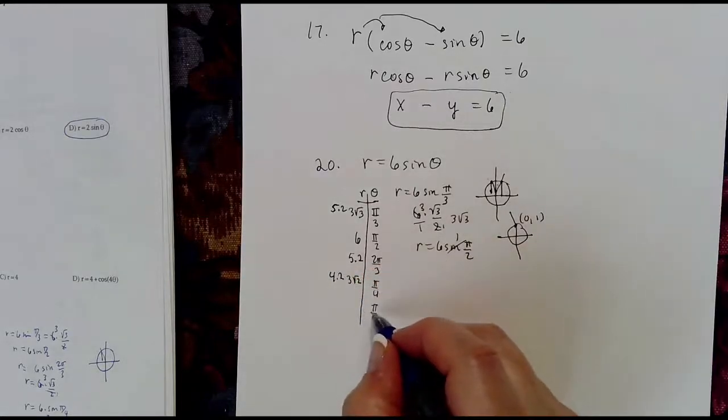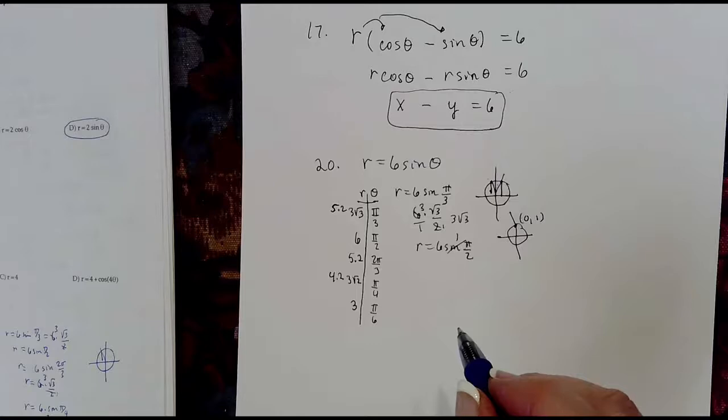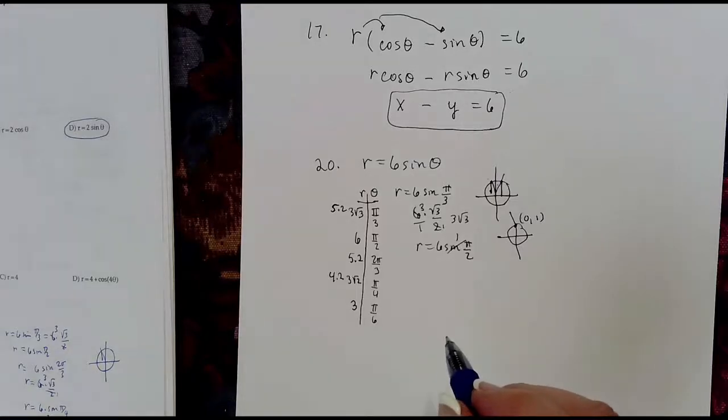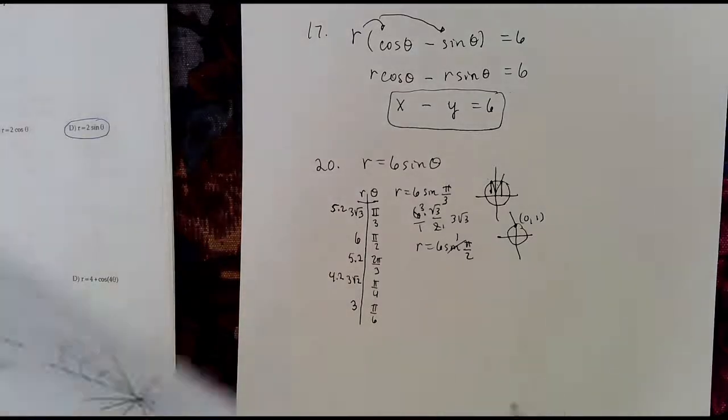And then pi over 6 comes out to be 3. Plugging them in, right? So now we're going to go get our graph paper. The biggest number we have is a 6, so I think we just need to add 2 again like we did last time.